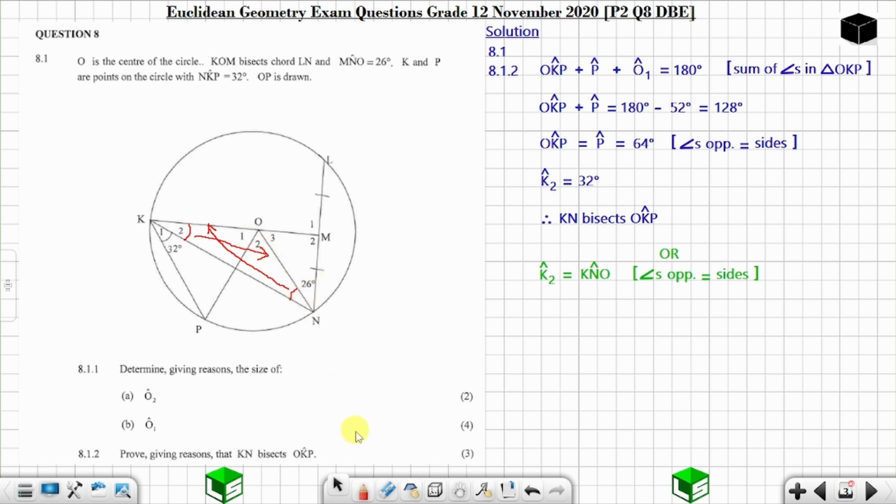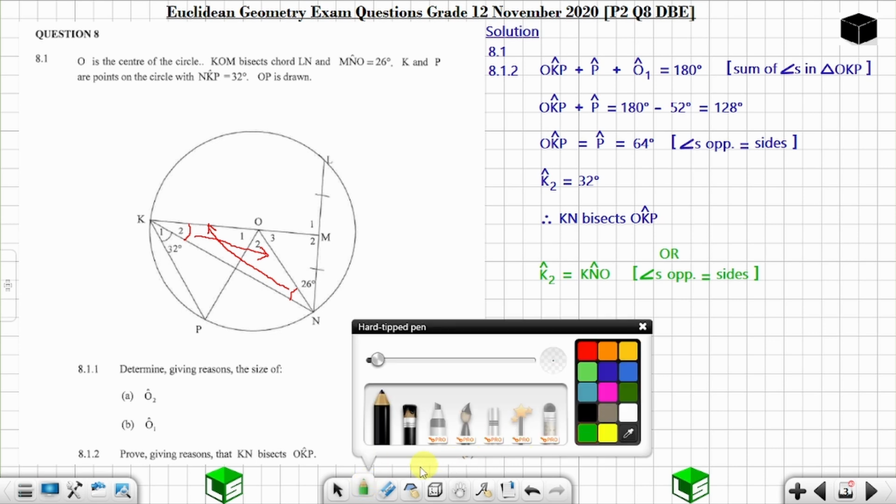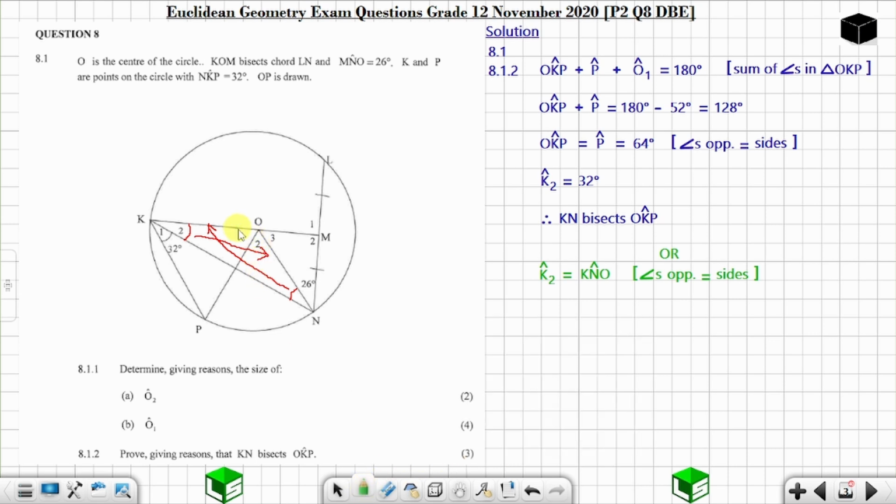So remember, from the previous question, this angle is equal to 116 degrees.